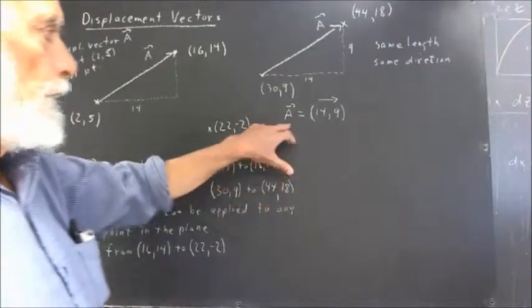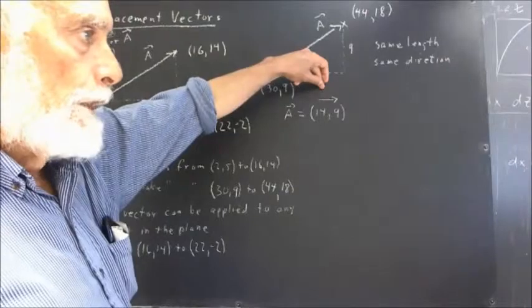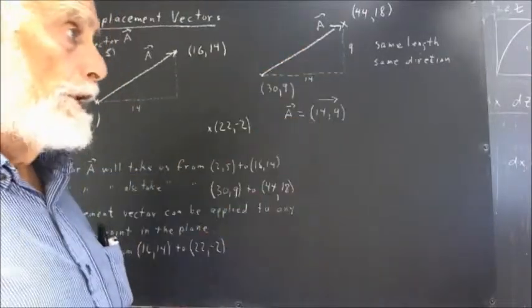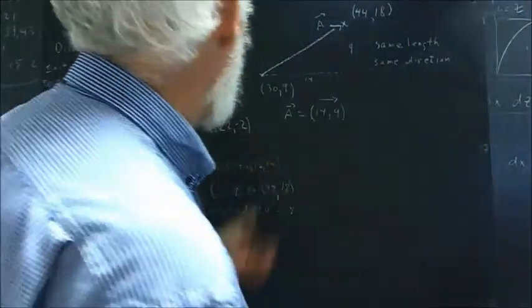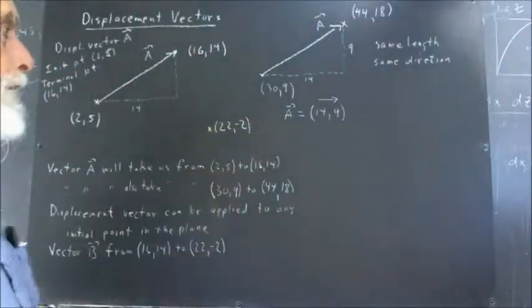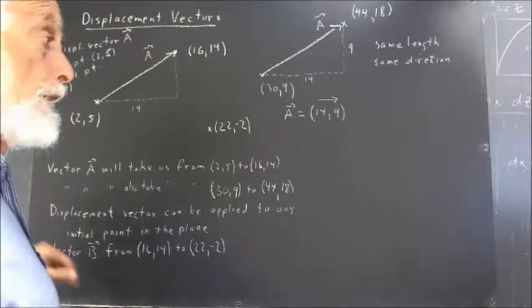So we denote the vector A by the ordered pair (14, 9) with an arrow over the top of it to indicate that it's a vector. It's not a point in the plane, it's a vector, and that vector can apply to any initial point in the plane. So any initial point at all, any point at all.